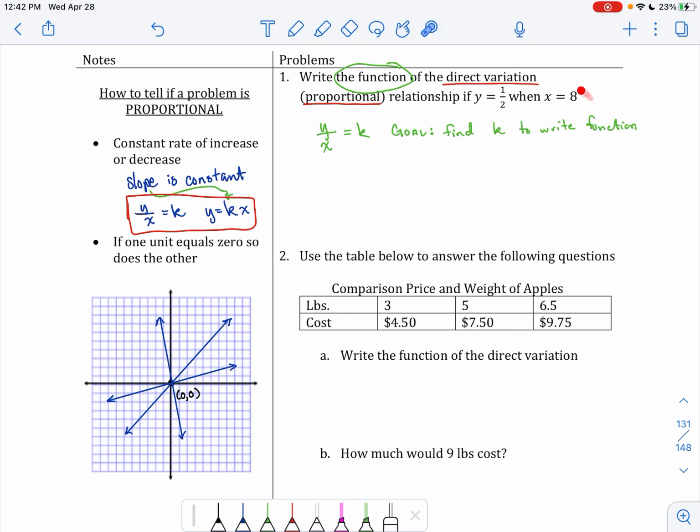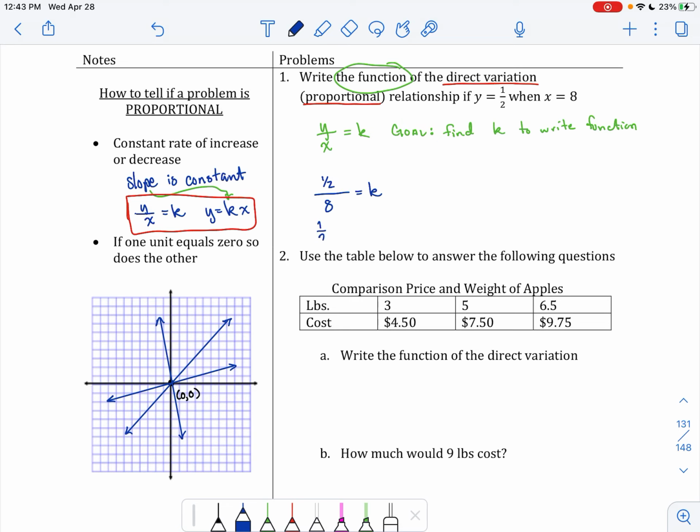Now, we can find k given this information. We know that y is equal to 1/2 when x is equal to 8. So our y is our numerator, so 1/2 over x, which is 8, this is going to be k. So all we need to do is simplify this.